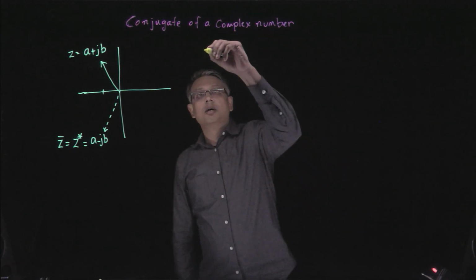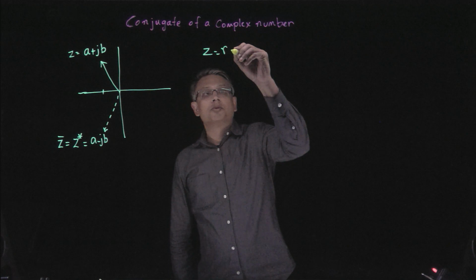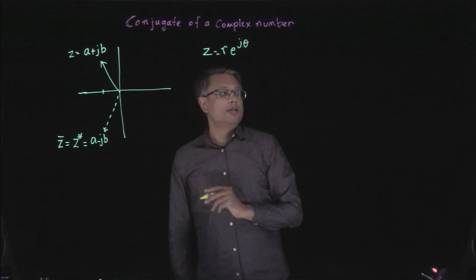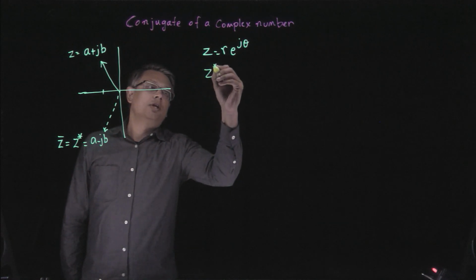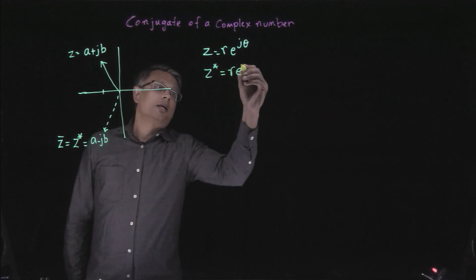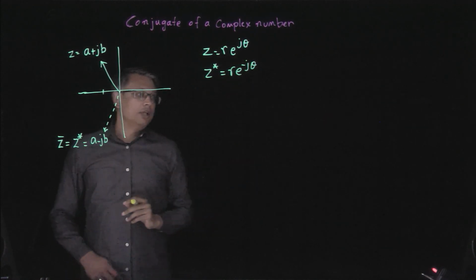If z is represented in polar form, so if z is written as r times e to the j theta, then z conjugate is given by r times e to the negative j theta.